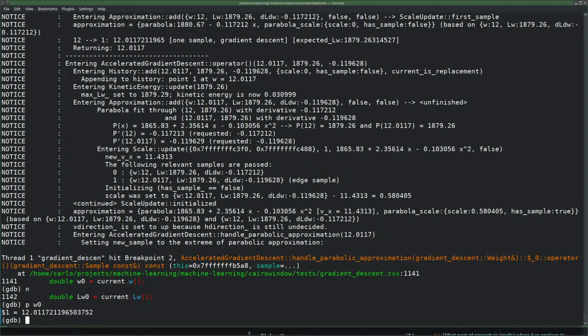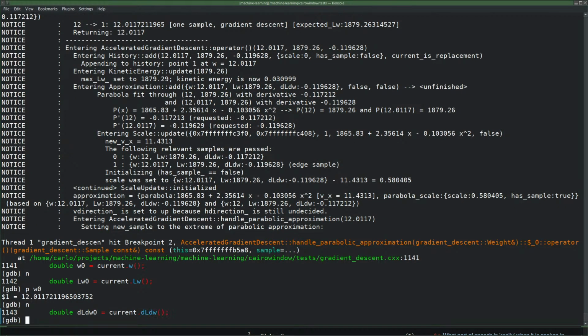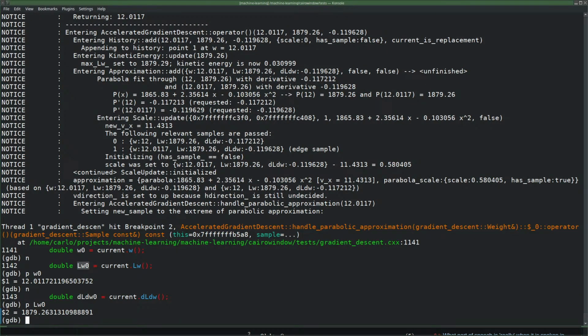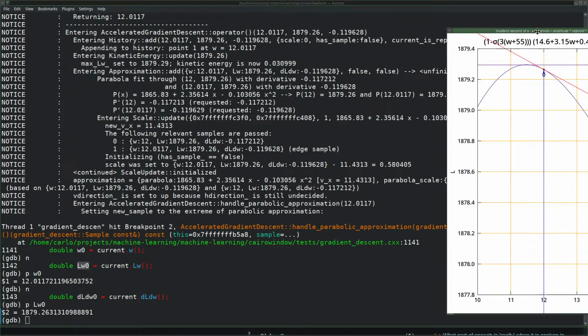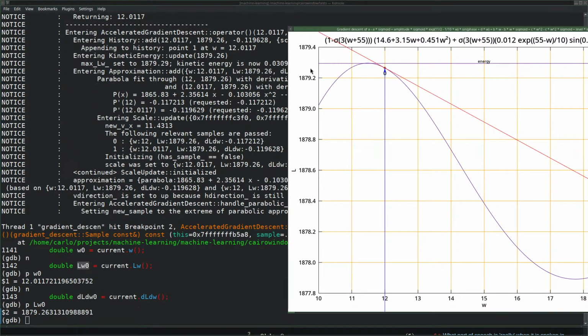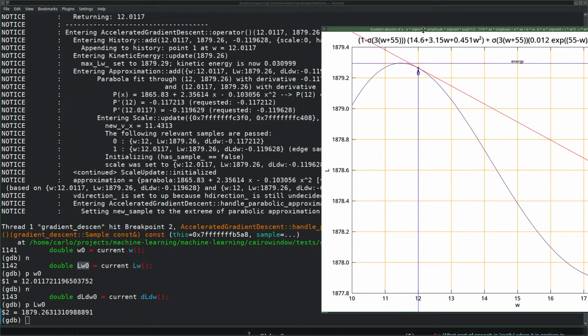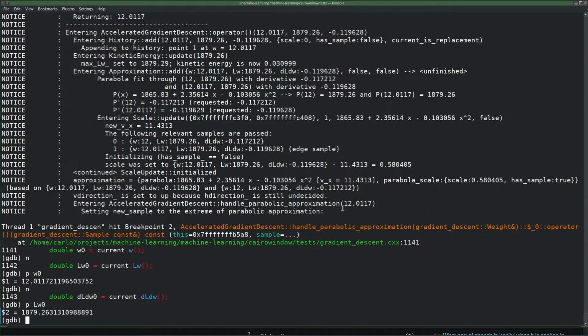A little bit more than 12. That's correct. And this should be negative. Oh. No, of course not. I thought this is the vertical thingy. So that is totally correct. No, the derivative should be negative.